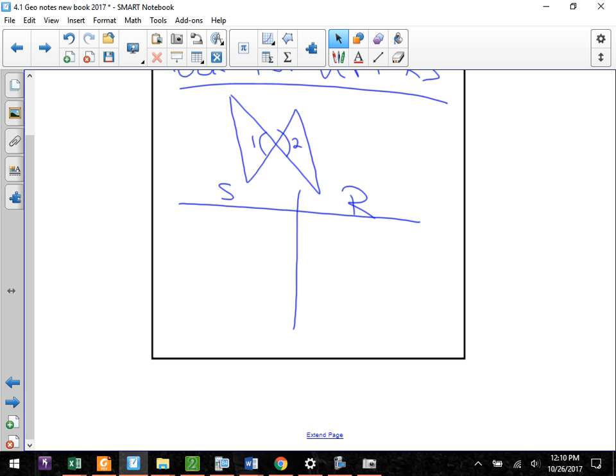Statements, reasons. I can say angle 1 is congruent to angle 2 because the reason is vertical angles are congruent. And that's going to be something you're allowed to use whenever you have vertical angles. This is something you're going to be able to state without having to come up with something else.